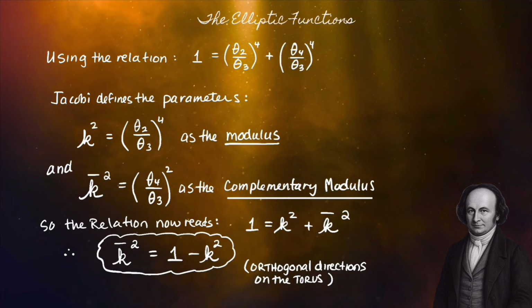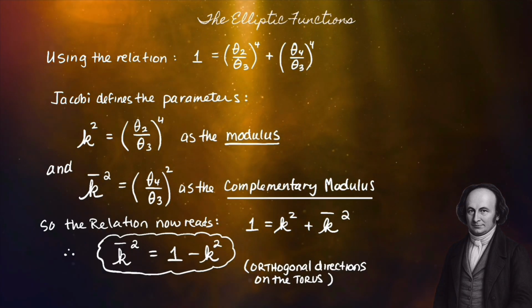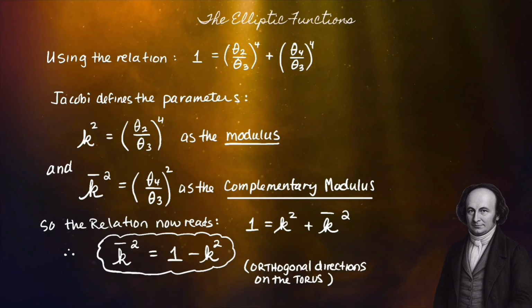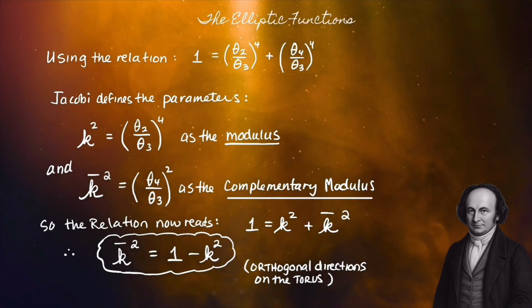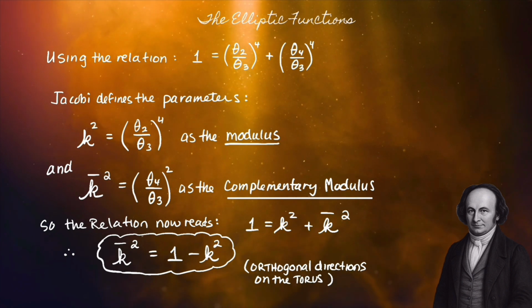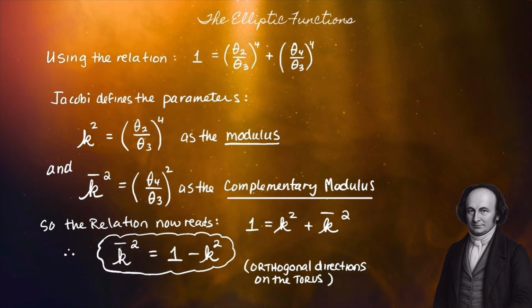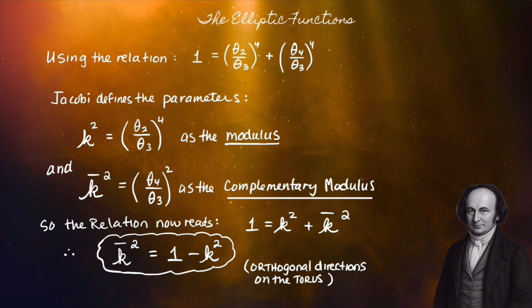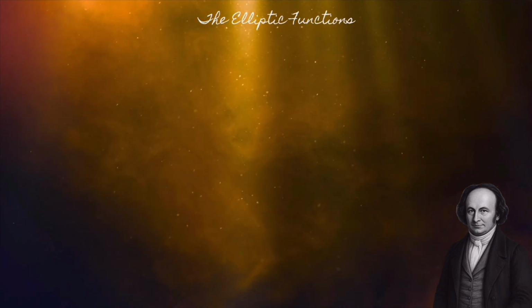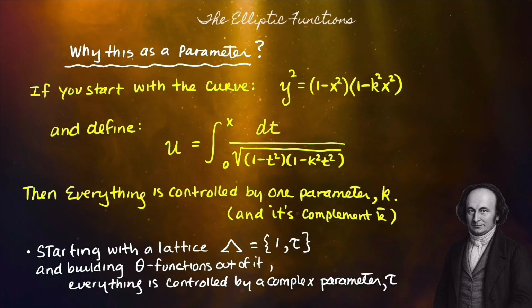And using this relation, Jacobi decides to define the parameter k squared as the first ratio to the 4th and call this the modulus, and k bar squared being the theta 4 over theta 3 squared as the complementary modulus, so that it reveals the relation that 1 equals k squared plus k bar squared, or that k bar squared is equal to 1 minus k squared, orthogonal directions on what would be known as the torus, which is the lattice construction.